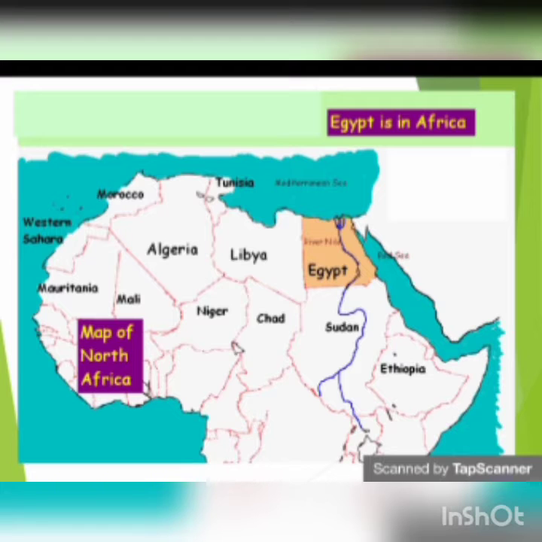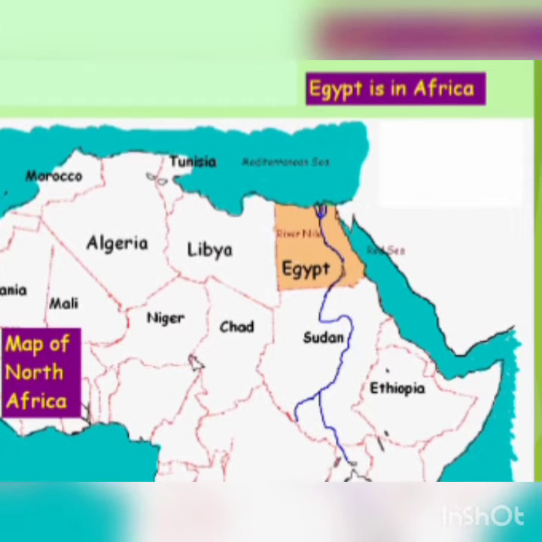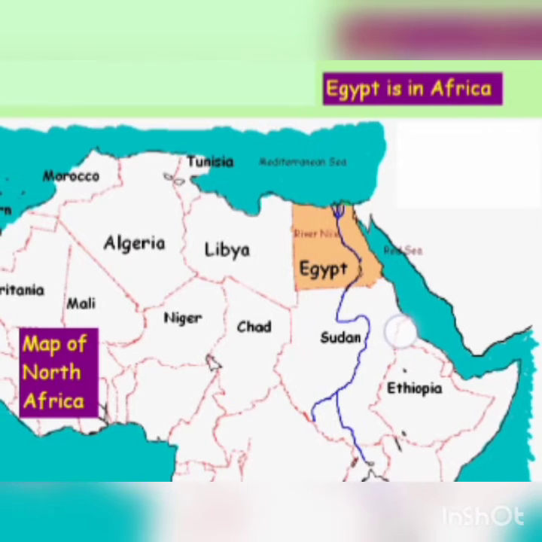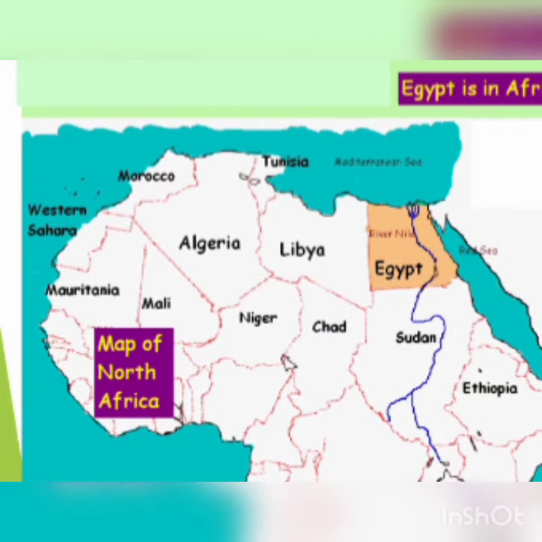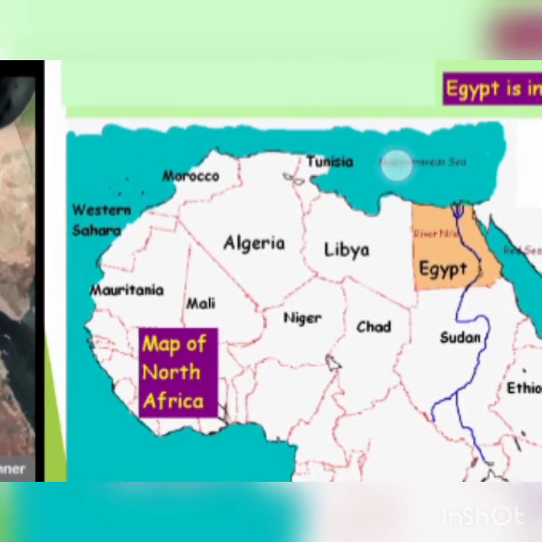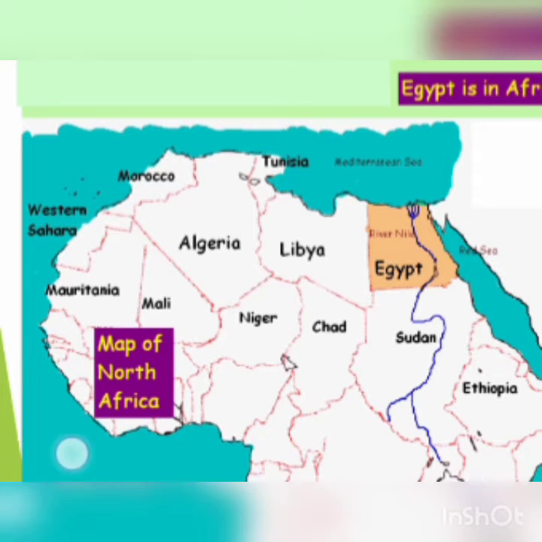Adjacent to Egypt lies the Red Sea. See here, the greenish blue color locates the sea. So here it is the Red Sea, here it is the Mediterranean Sea, and here it is the Western Sahara.